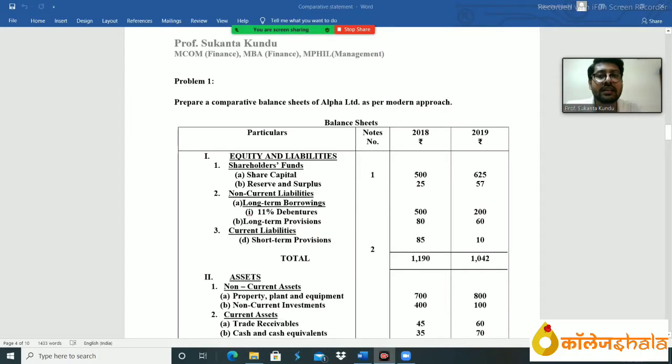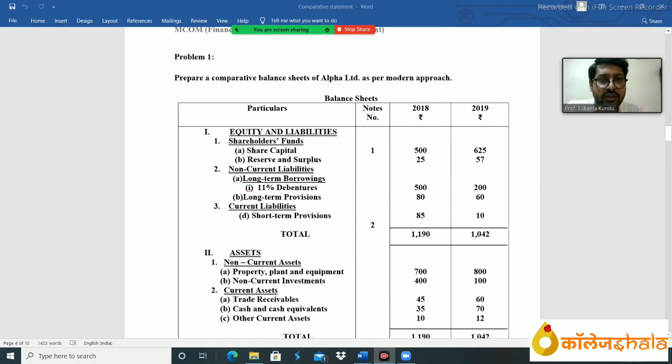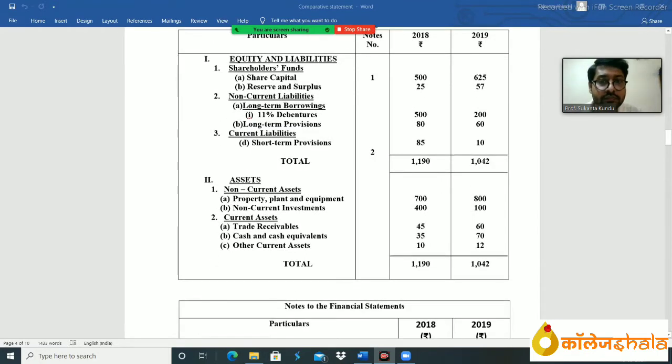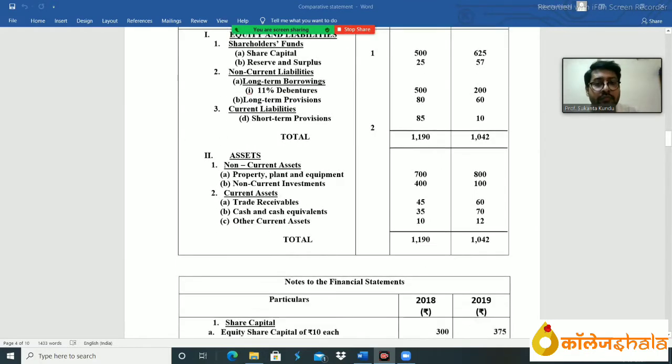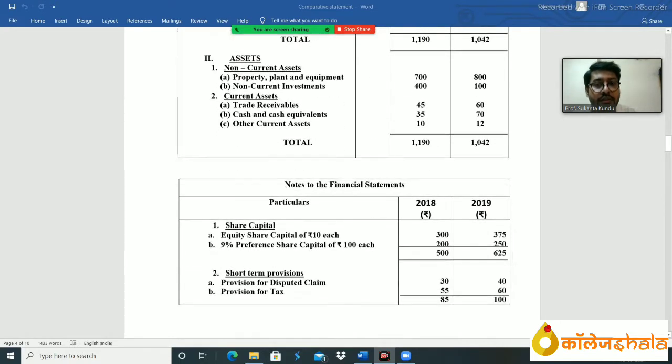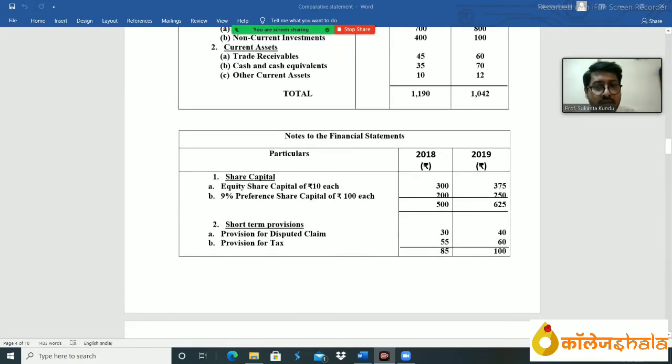In this problem you can see, prepare a comparative balance sheet of Alpha Limited as per modern approach, and in this question two years' figures are given, 2018 and 2019. So 2018 is the previous year and 2019 is the current year. Here's the detail you can see, and in notes to accounts, here you can see the breakup of share capital.